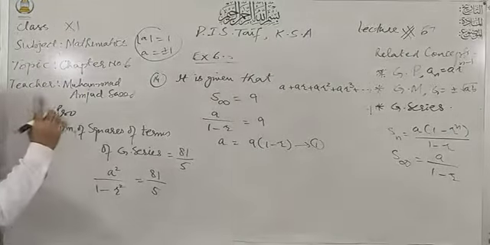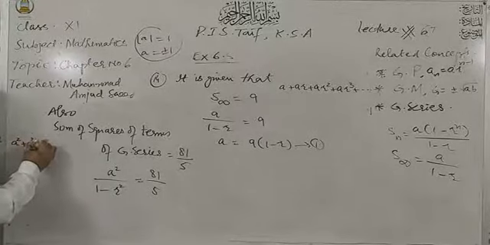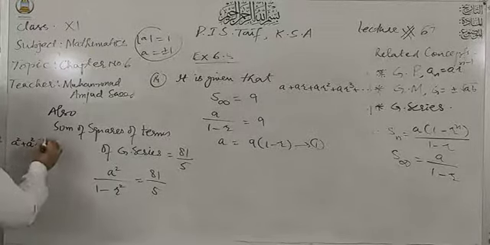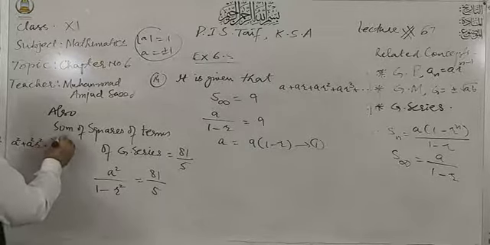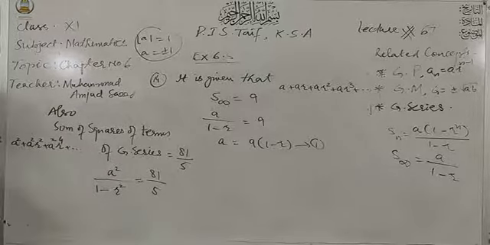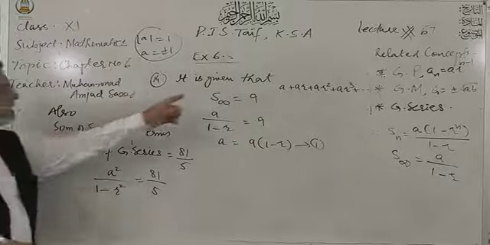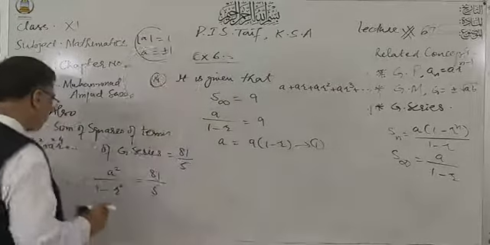Because our new series, after taking squares, is a square plus a square r square plus a square r 4, like that plus so on. So a square r square, a square r 4, a square r 6, like that.